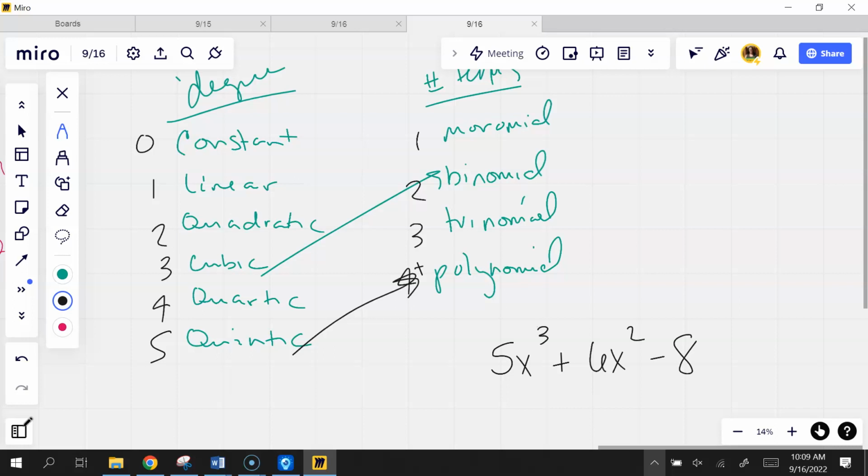Classify that polynomial. Cubic trinomial. Does that make sense?